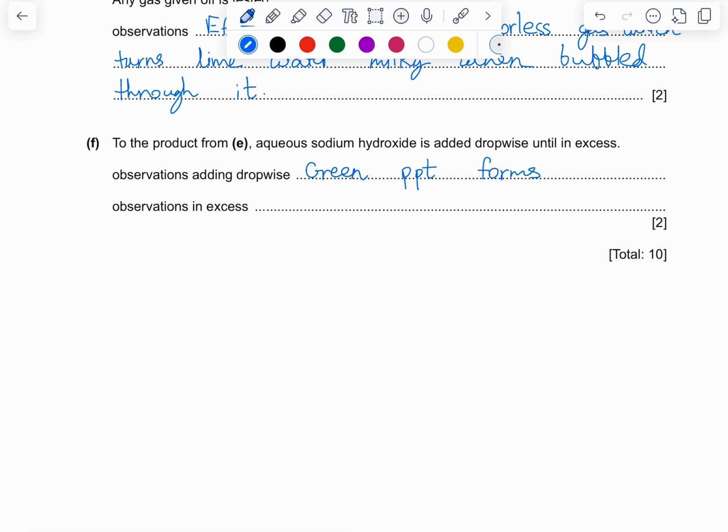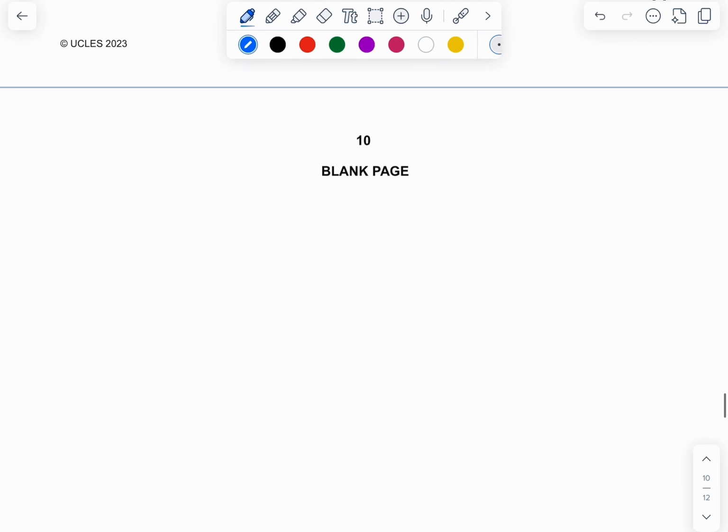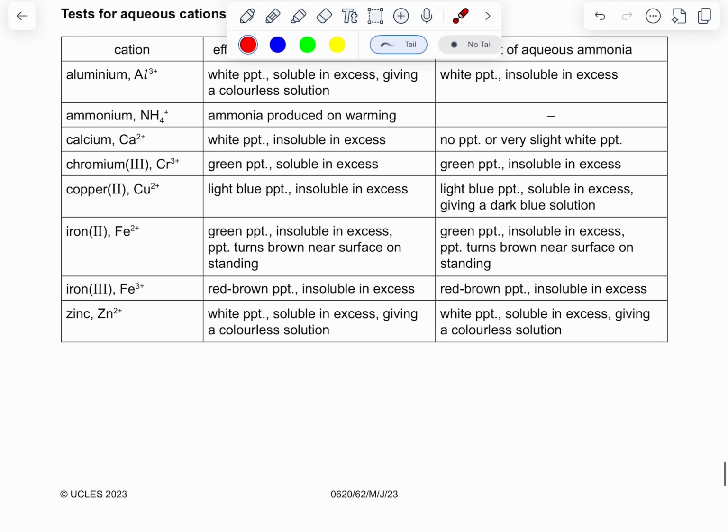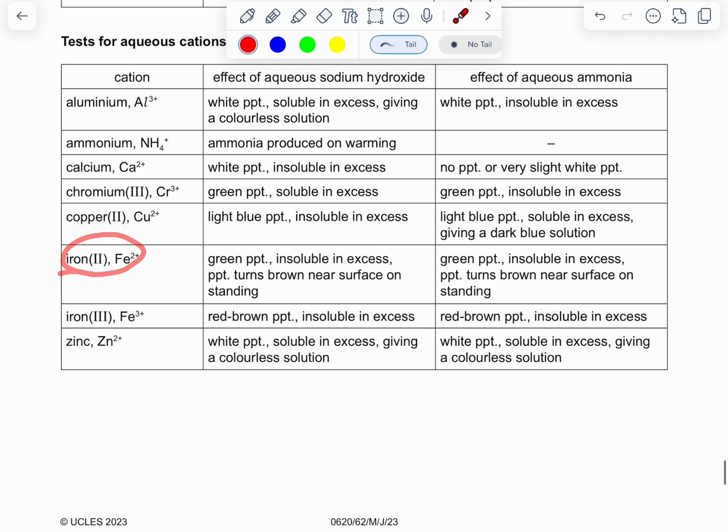Now the real question which most of us do not remember is whether it dissolves in excess or not. If it dissolves in excess, it would give a dirty green color. If it does not dissolve in excess, it will stay insoluble. You can check from the bottom; I remember it would not dissolve, but you can confirm from over here. In aqueous sodium hydroxide, it remains insoluble in excess and turns brown near the surface on standing.